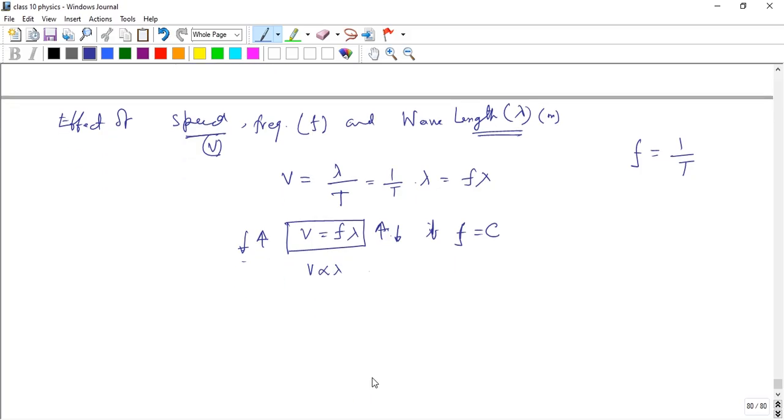Now, lambda equals v over f. If the velocity is constant, lambda and frequency are inversely proportional. If lambda increases, frequency decreases, and if lambda decreases, frequency increases. So they are inversely proportional.